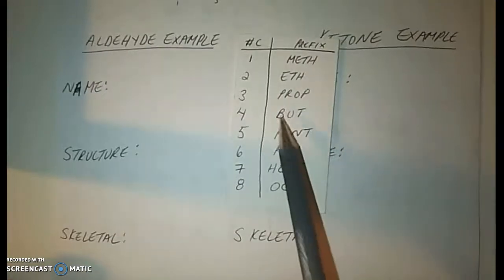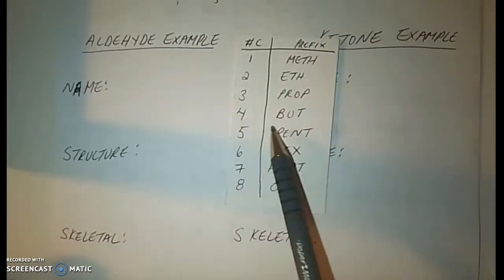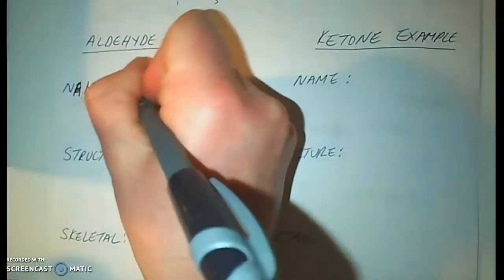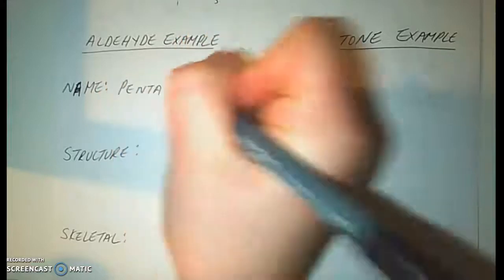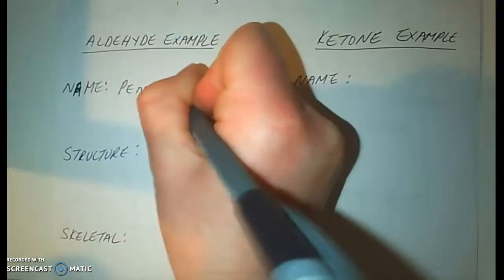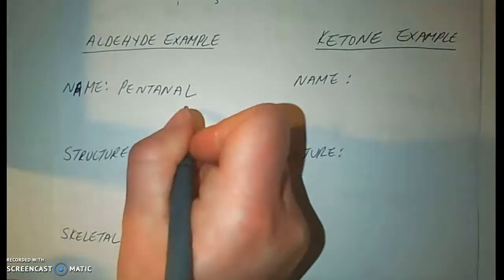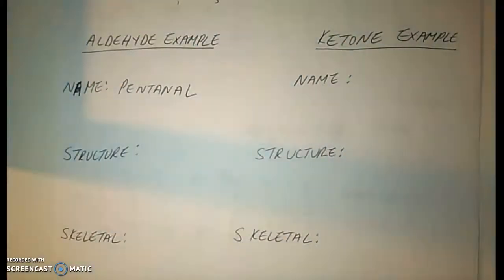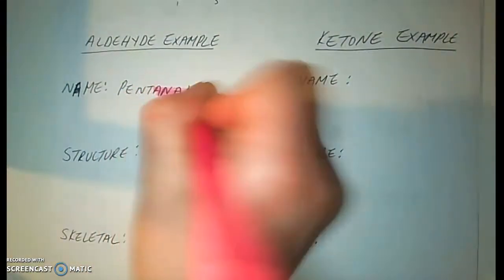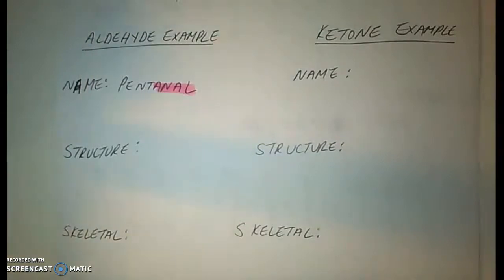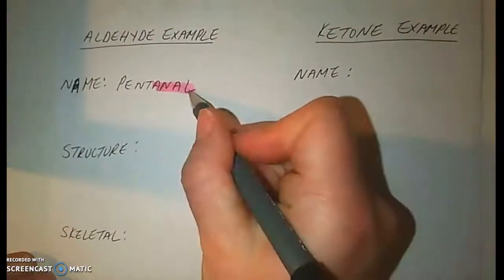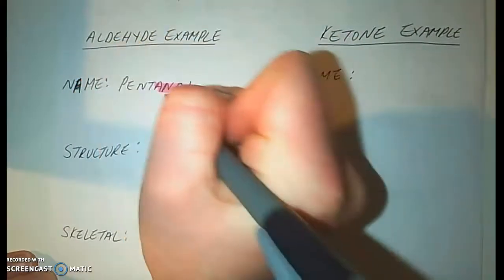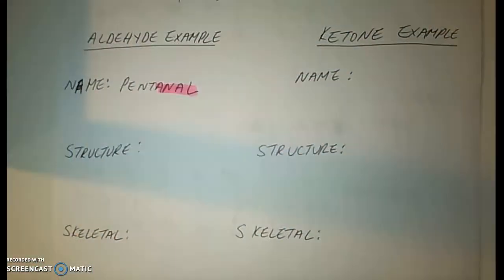Let's say I'm going to do pent. And then I'm just putting "anal", I pronounce this "anal", on the end of the name. And that's what tells me it's an aldehyde. So this ending to the name corresponds to aldehyde.